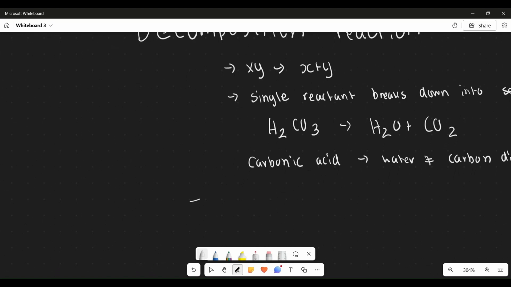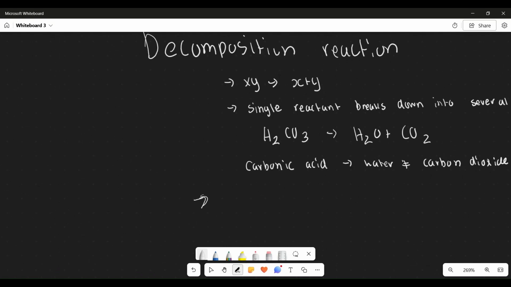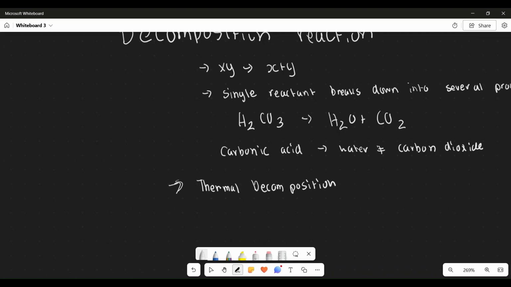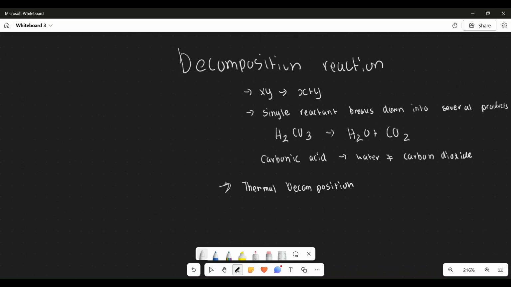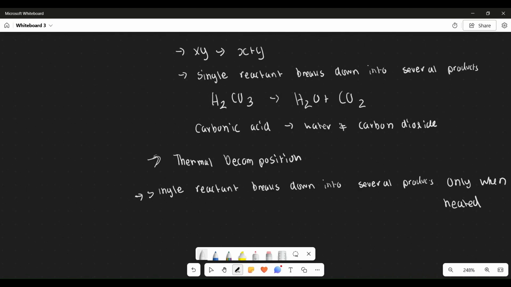This is still under decomposition reaction, so I'm just going to put an arrow under decomposition. This is called thermal decomposition. This is when a single reactant breaks down into several products, but only when it is heated. Metal carbonates and metal hydrogen carbonates also undergo thermal decomposition.